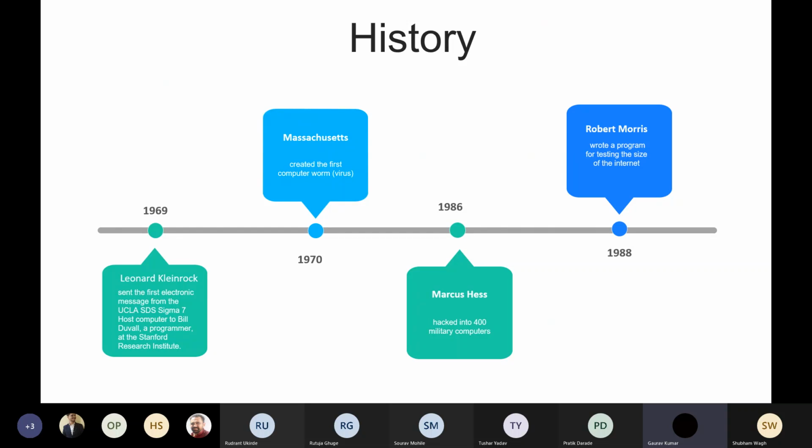He sent the first electronic message from the UCLA SDS Sigma 7 host computer to Bill Duvall, a programmer at the Stanford Research Institute. Then in Massachusetts during the 1970s, the first computer worm virus was created. Then Robert Morris in 1988 wrote a program for testing the size of the internet.